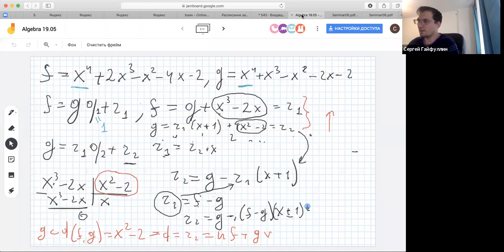So I proceed with this, so I have that F is multiplied by minus X plus 1, plus G multiplied by X plus 2.